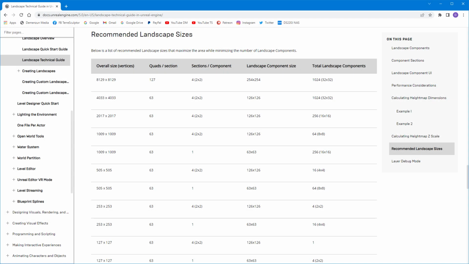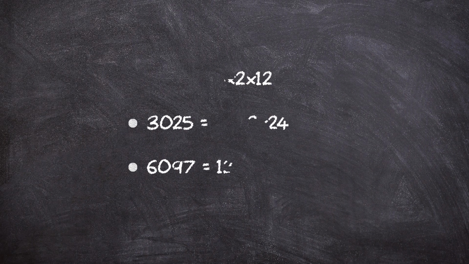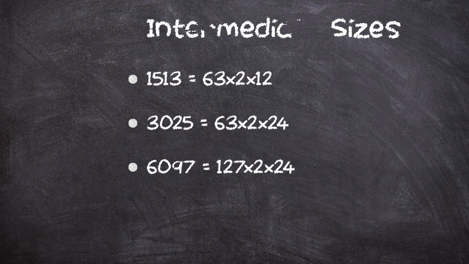The world composition system supports tiles using the recommended optimal landscape Heightmap sizes of 127, 253, 505, 1009, 2017, 4033, and 8129. It also supports the intermediate optimized sizes of 1513, 3025, and 6097.